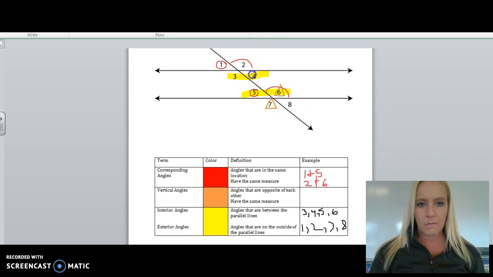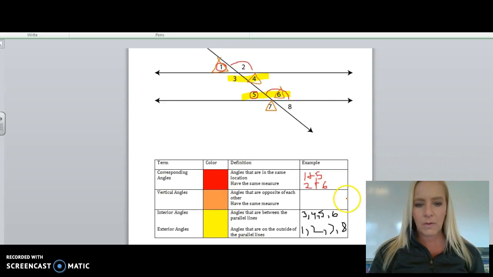Another example could be 4 and 1 because they are opposite of each other along the parallel line. So our examples of vertical angles would be 1 and 4, 7 and 6, or 6 and 7. As long as you have a few examples, you can infer from here.